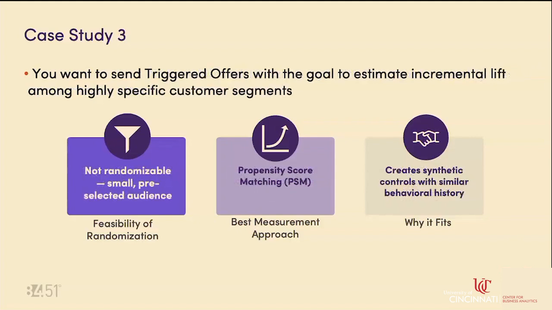The third one is basically you want to send some triggered communication with the goal to estimate incremental uplift among highly specific customer segments. So I'll give an example of what something like this would look like. Say you go to Kroger.com, you start to build your basket for delivery the next day.